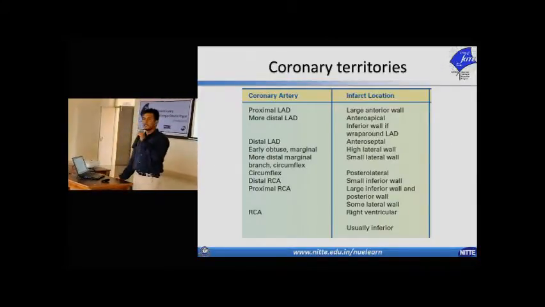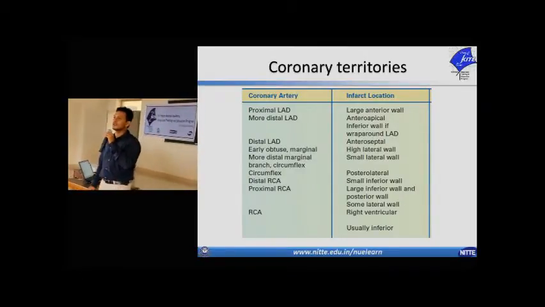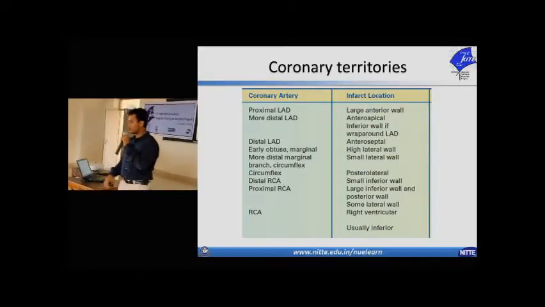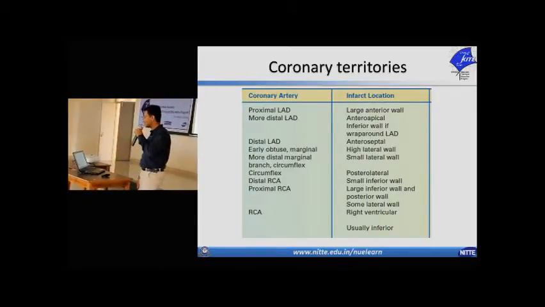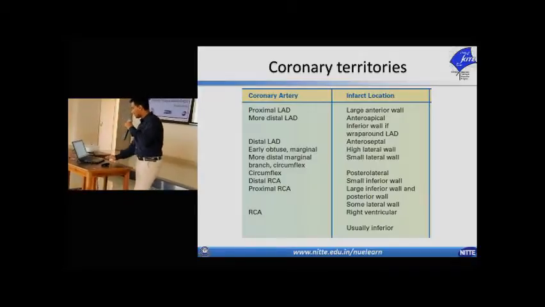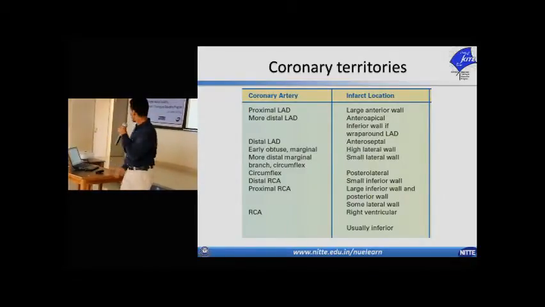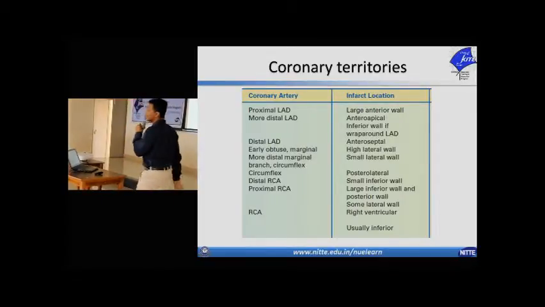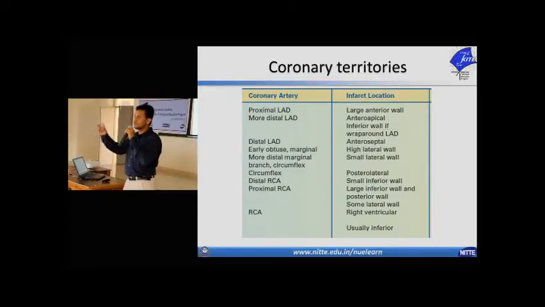So what happens if there is a block in any of the branches or the major left and right coronary arteries? It causes ischemia in some part of the heart. So what are the important branches and what are the territories which are going to get affected by the block? Here is the proximal LAD, the left anterior descending. What happens if there is a block in the left anterior descending, which is supplying both the ventricles?